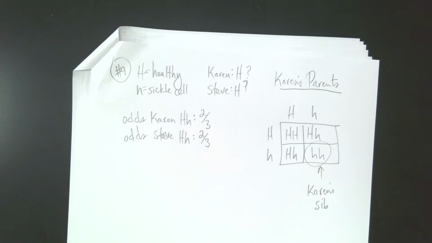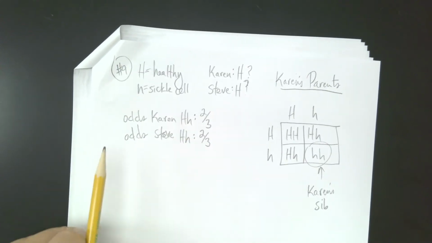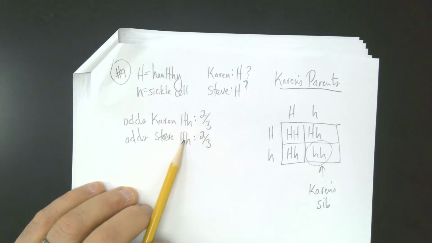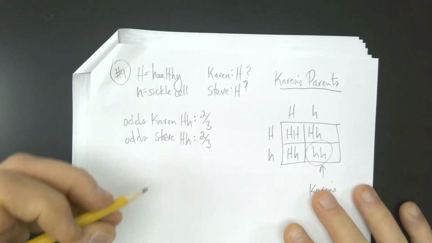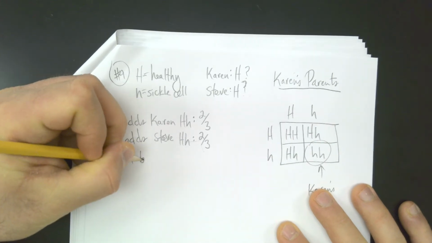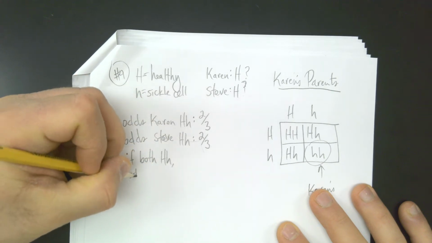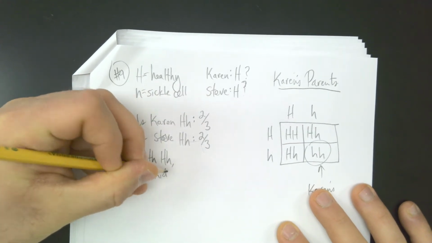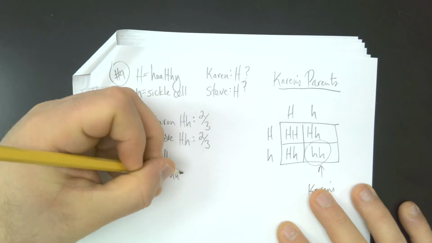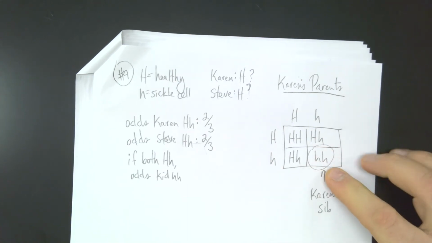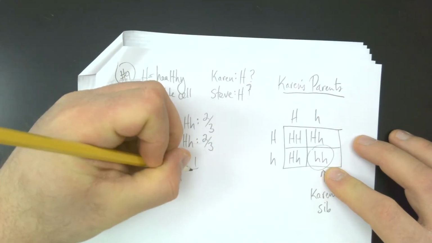Now it says, calculate the probability that if this couple has a kid, the kid would have sickle cell disease. The odds that Karen is a carrier are 2 out of 3. The odds that Steve is a carrier are 2 out of 3. Now, if both are heterozygous, what are the odds they'd have a kid who has 2 recessive alleles? That is 1 in 4.